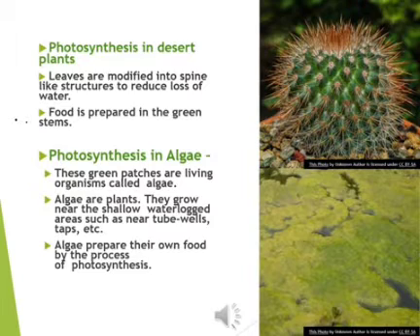And look at that green part of that plant, which is actually the stem. So the stem, which is green in color, is the place where food is made. So in the desert plants, food is prepared in the stems.